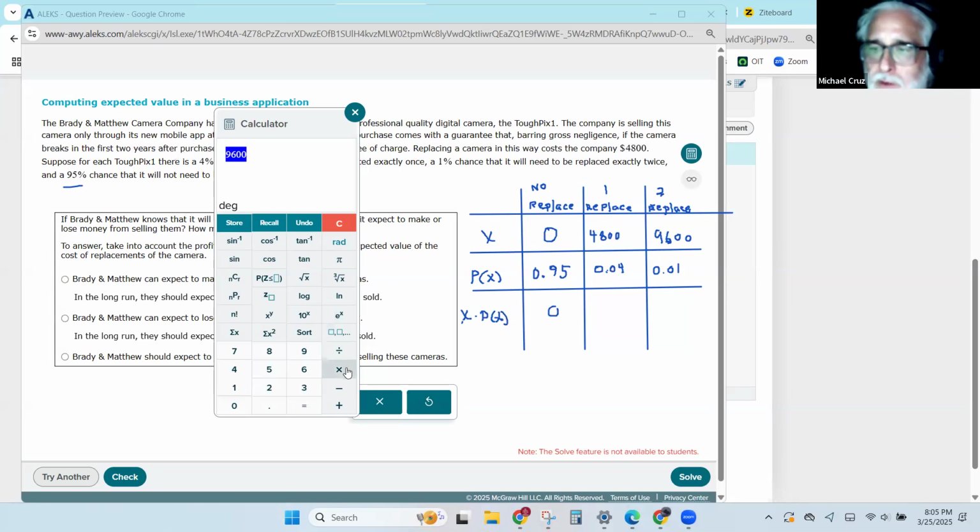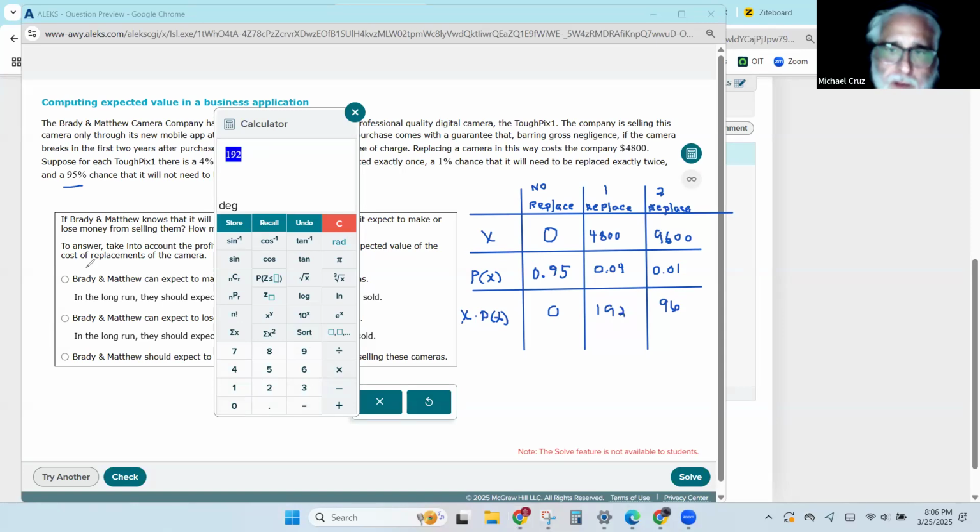So 9,600 times 0.01 is 96, and 4,800 times 0.04 is 192.